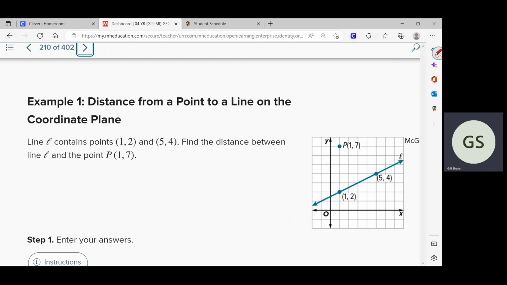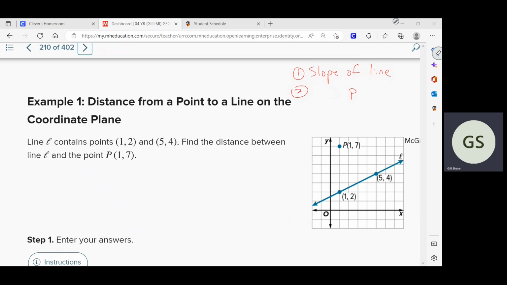It wants you to find the distance between this point and this line. So I'm going to give you the first 2 things you should be able to do right now. Step 1, you need to find the slope of the line. Step 2, turn that into the perpendicular slope.